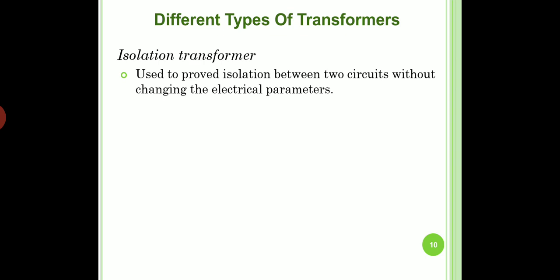Just now we have seen an application wherein the primary side of the impedance transformer, that is the audio frequency transformer in a radio receiver, is coming from the output of an audio amplifier circuit. That circuit is going to deliver the amplified audio signal, and the output is connected to this loudspeaker.